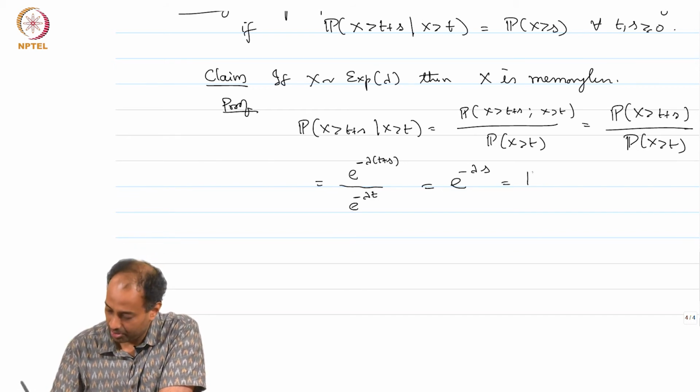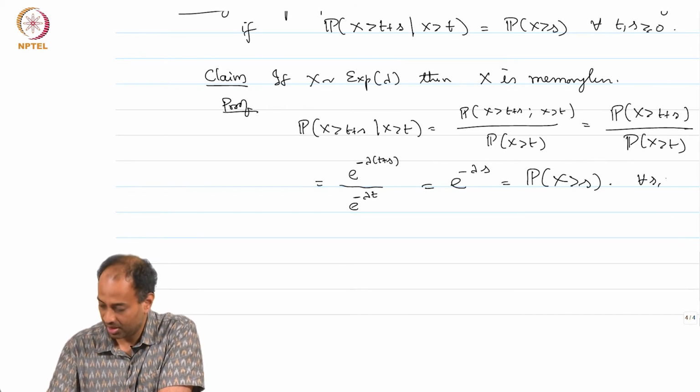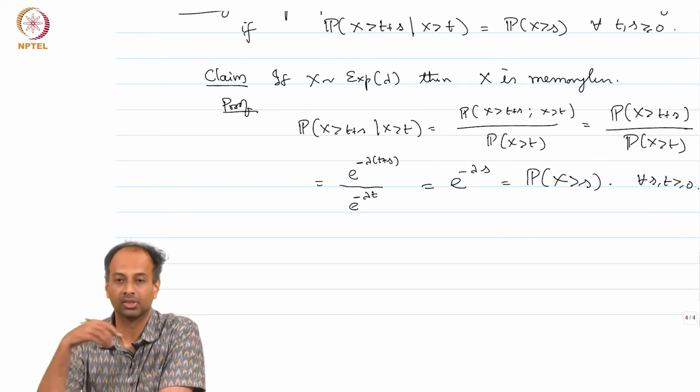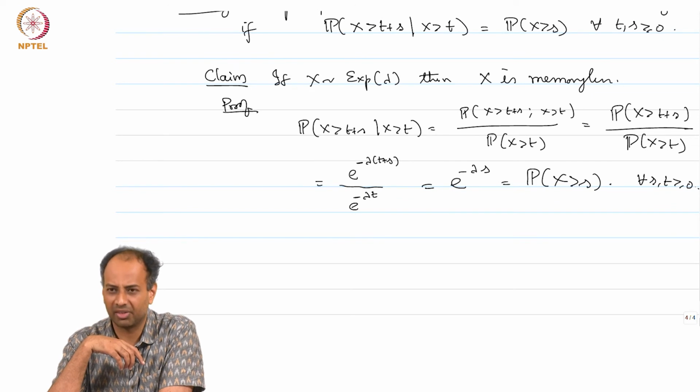This is nothing but the probability that x is bigger than s. So this is true for all s and t. So I have the memoryless property. If x is an exponential random variable, then it is memoryless.